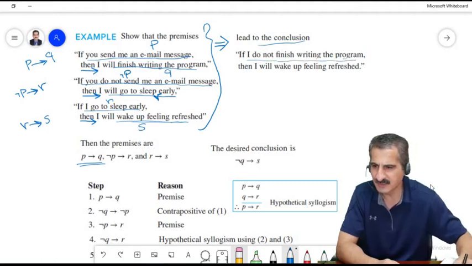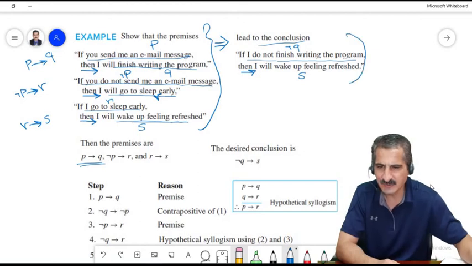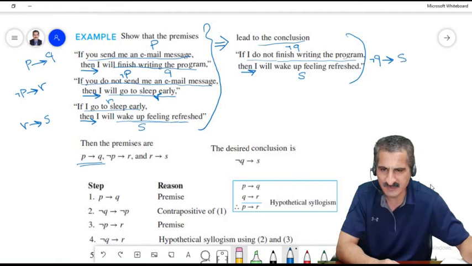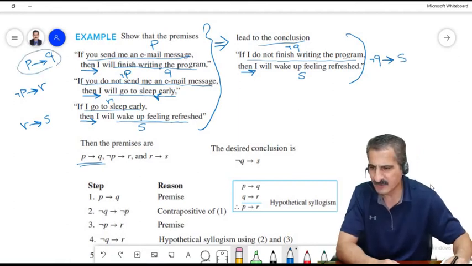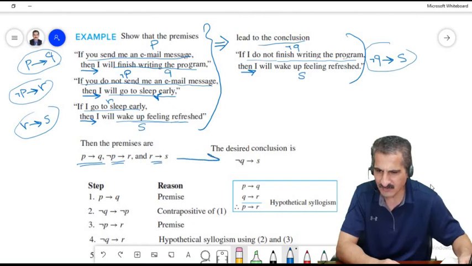Writing the program, we denoted, I will finish writing the program was Q, so this means not Q. Then I will wake up feeling refreshed, which is S. So the conclusion is not Q gives S. We want to use these premises here to conclude this conclusion.